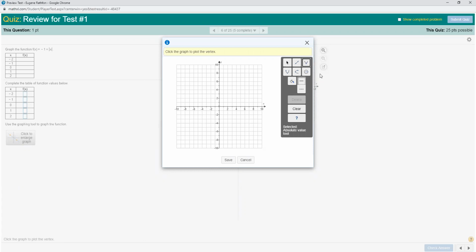Now remember, absolute value, I got to do my middle point first. So I got to do the one where I had the 0, negative 1. So 0, negative 1 is going to put me right there. So click that. And then I'm going to do my right side, which was 1, 0. So 1, 0 will be right on the x-axis, and click that.